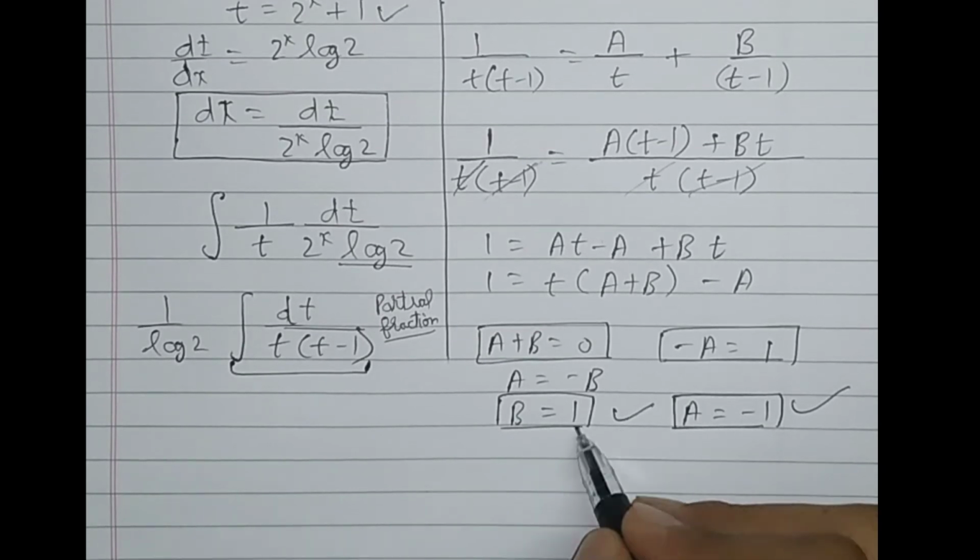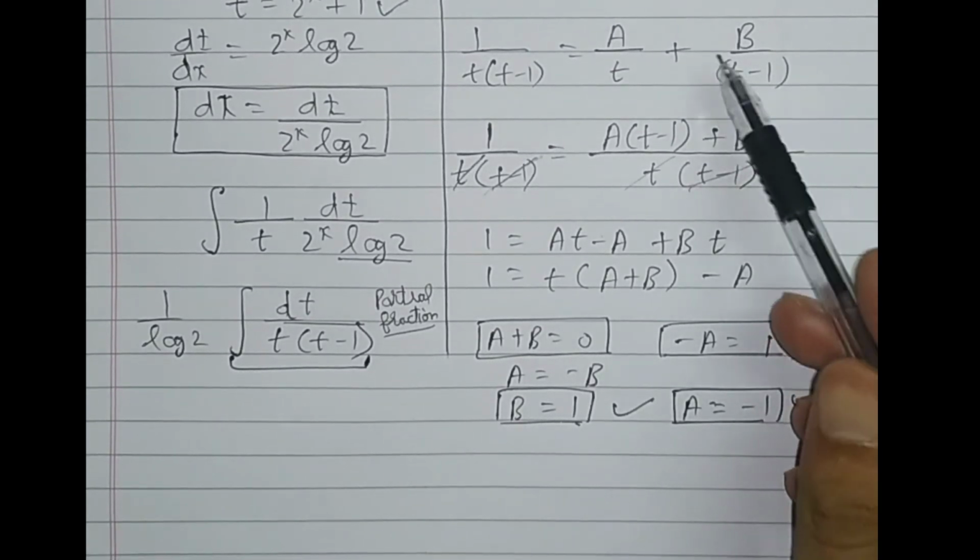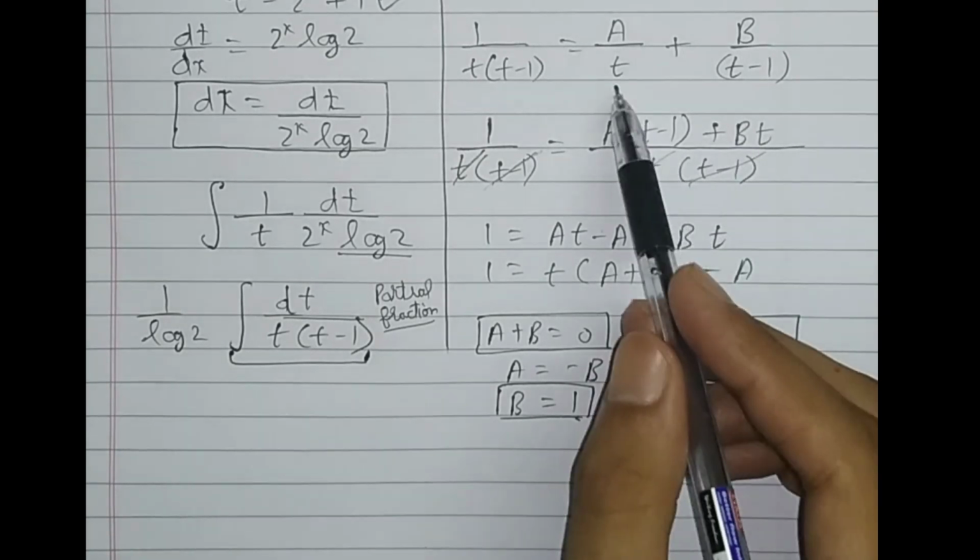We have got the values of a and b, where the integral was a upon t plus b upon t minus 1. Now let's integrate this.